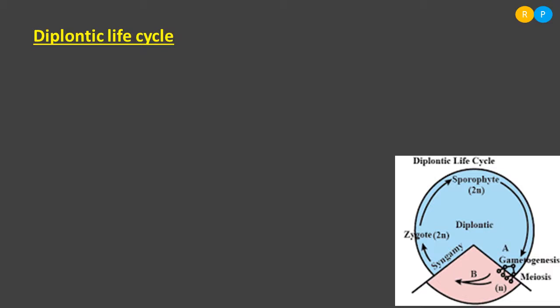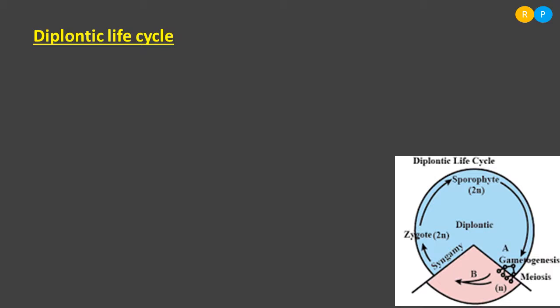In what plants do the diploid phases dominate? Yes, in gymnospermic plants and in angiosperms. In these two groups of plants, the diploid phase dominates. So in most of the life cycle, we can see the diploid phase in these two groups of plants, because the main plant itself is a sporophytic plant and it consists of two sets of chromosomes, and only during the time of gamete formation we can see the haploid phase.